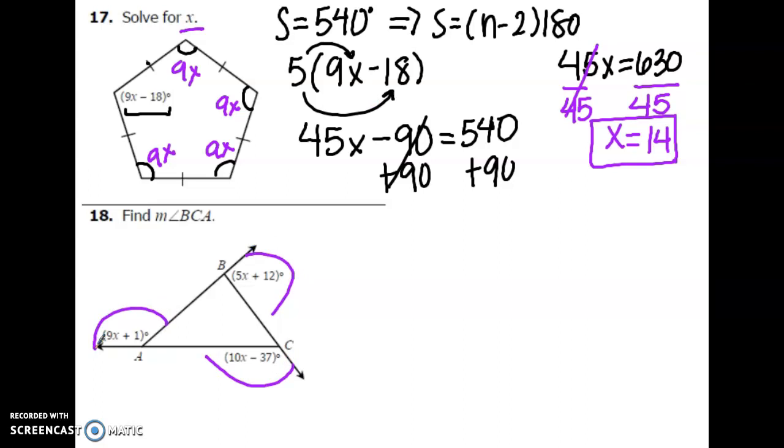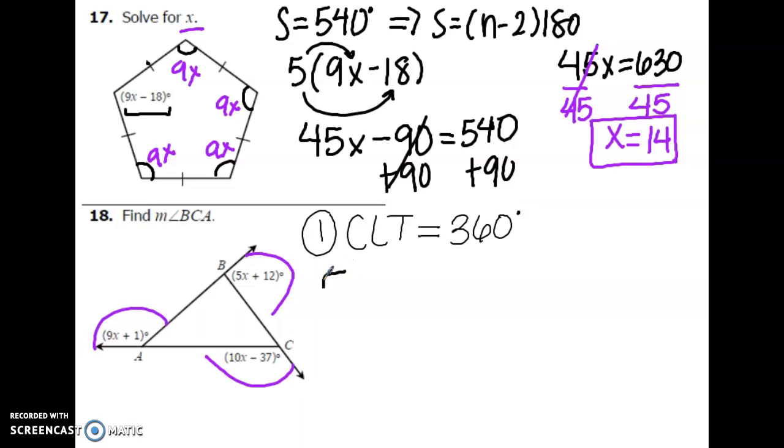And so step number 1 for this is going to be different. Step number 1 here is going to be combine your like terms. But in this case, you would set it equal to 360. So let's start by combining them.